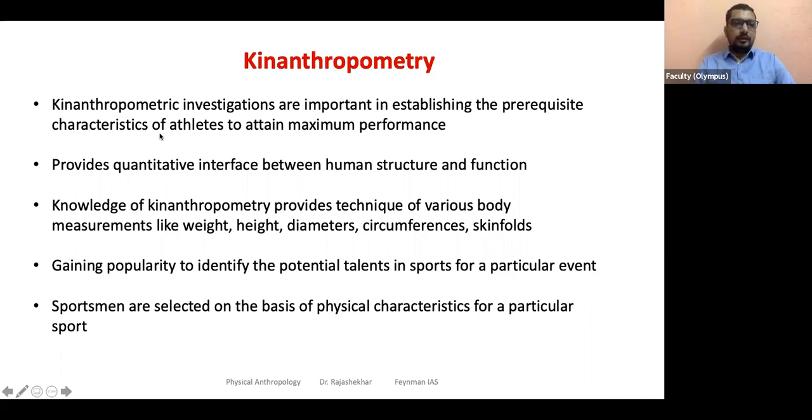So anthropometry provides us a quantitative interface between structure and function. So there is a correlation between the structure, how well it is designed, and how well they can perform with that design. It gives us a quantitative connection between them.